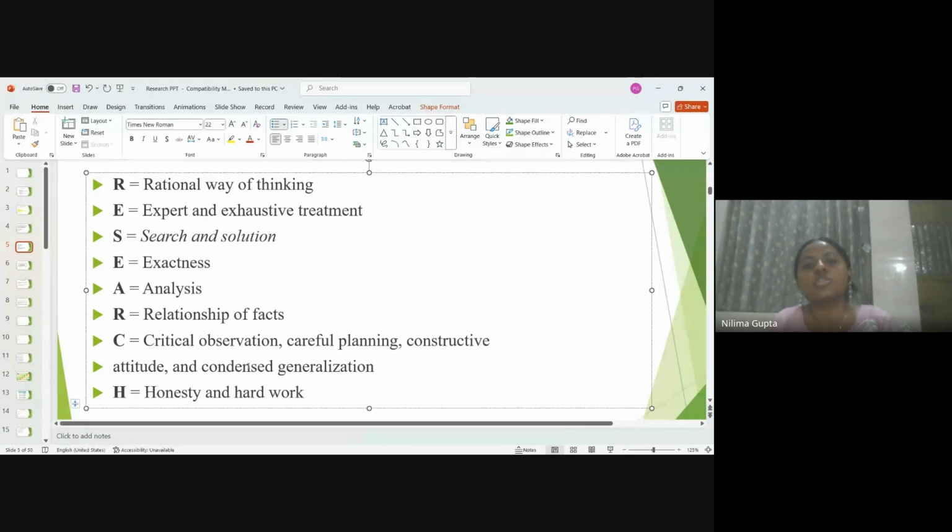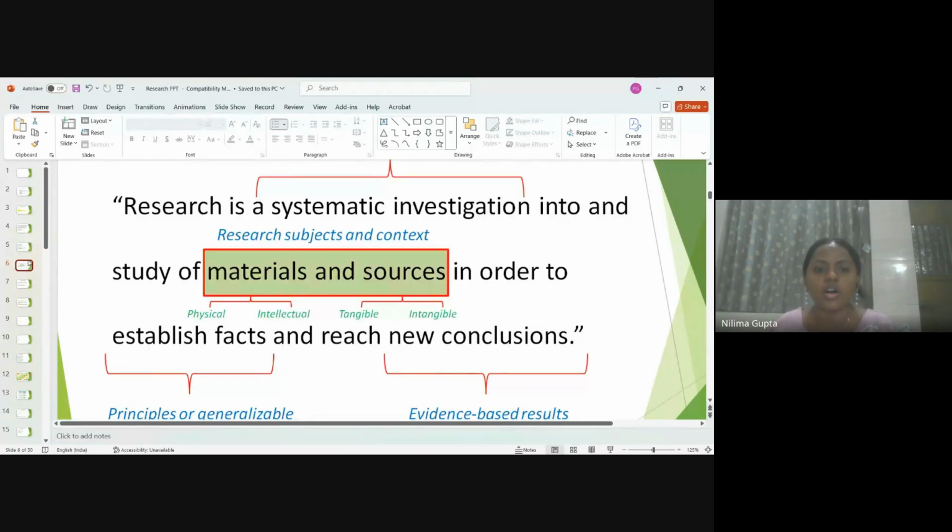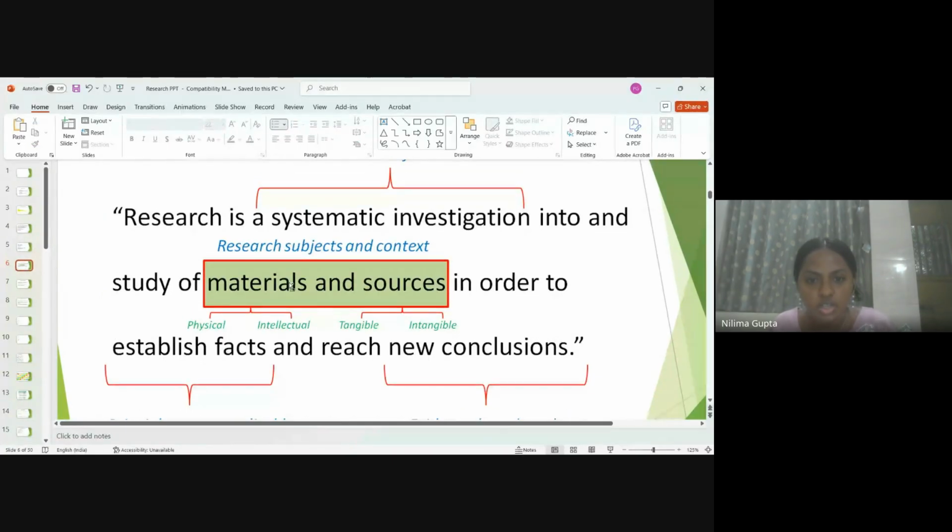So if it is used in any situation, it will give the same outcome. And the last one is honesty and hard work. When we do research, honesty and hard work is very, very important, because we should never be copy pasting somebody's data. That is the last part of the syllabus as well, ethics in research. So this is just a small definition basically of research.